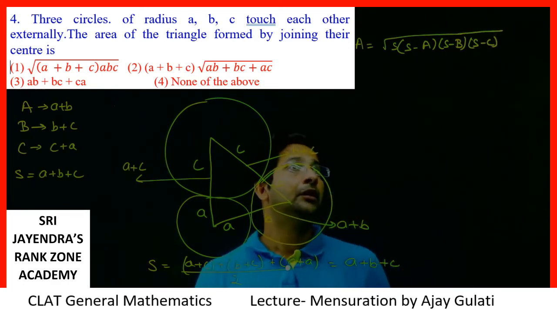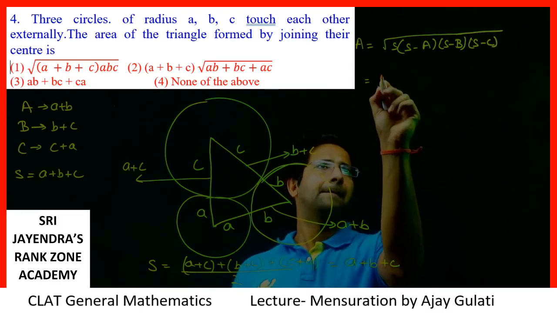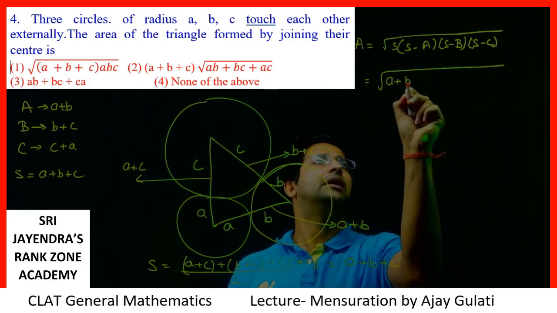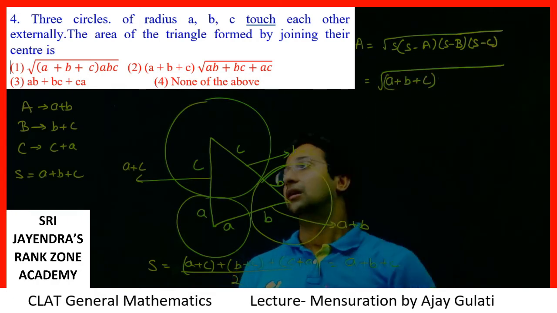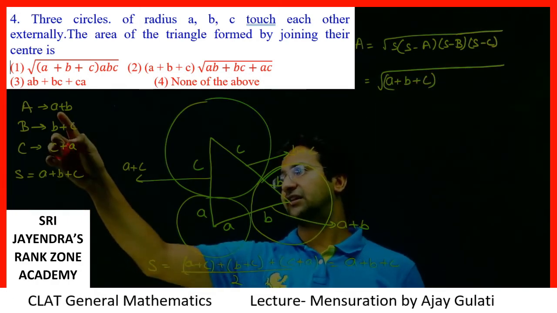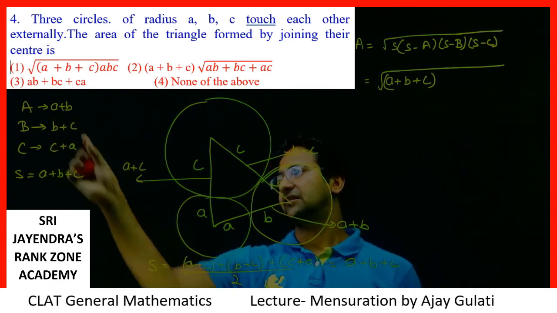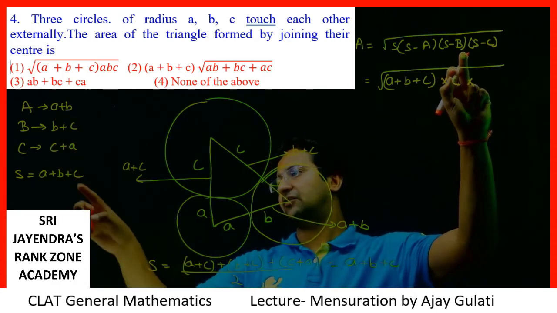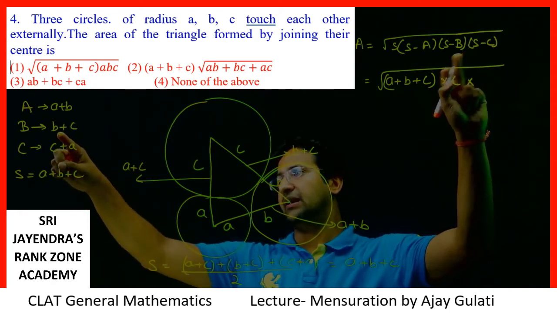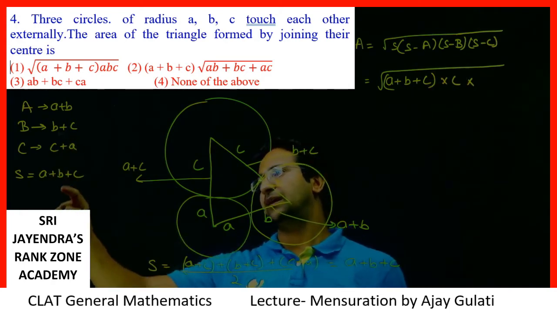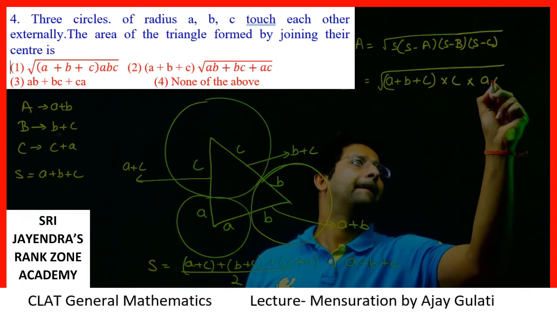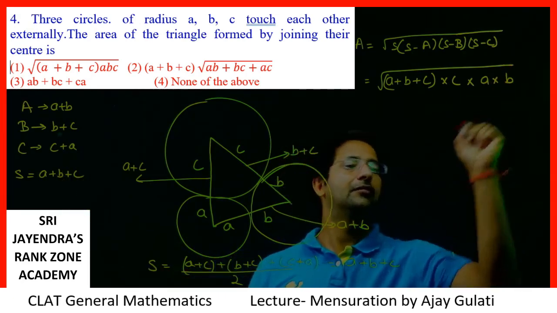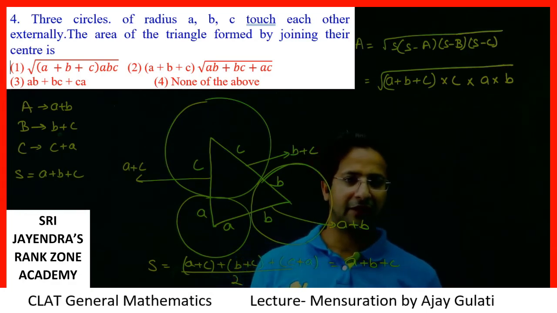Okay. What is S? S is A plus B plus C. If I subtract S minus a, I will get this minus this, only C. S minus b will give me A, and S minus c will give me B. So far clear?